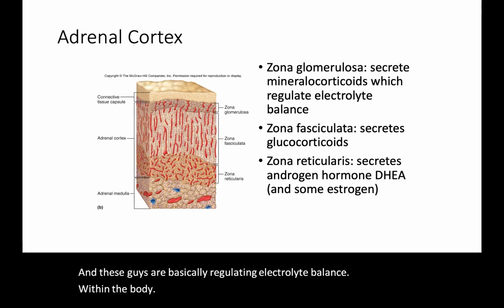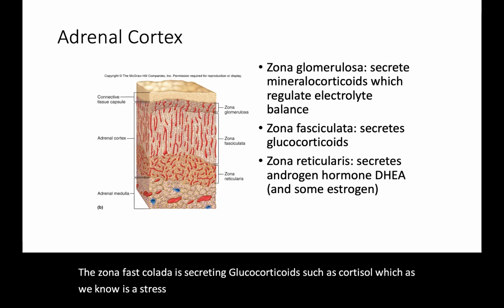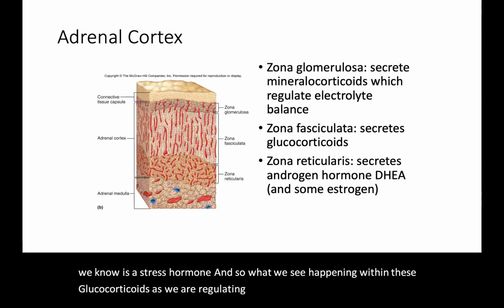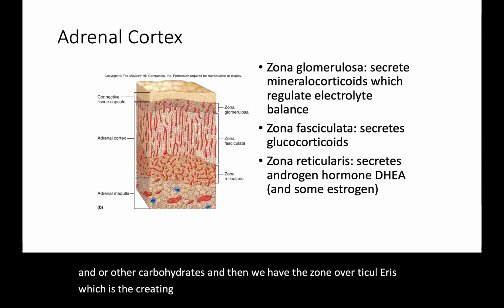The zona fasciculata is secreting glucocorticoids, such as cortisol, which, as we know, is a stress hormone. And so what we see happening within these glucocorticoids is we are regulating the uptake and metabolism of glucose and/or other carbohydrates. And then we have the zona reticularis, which is secreting androgens, things like testosterone.